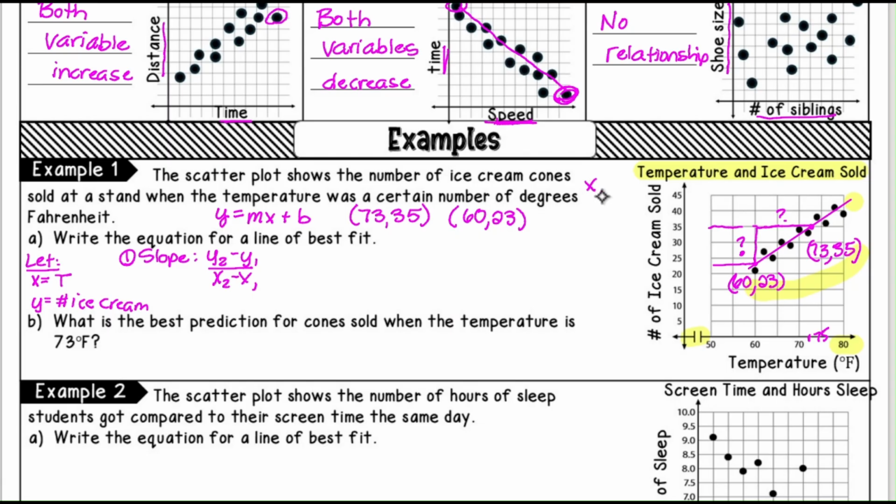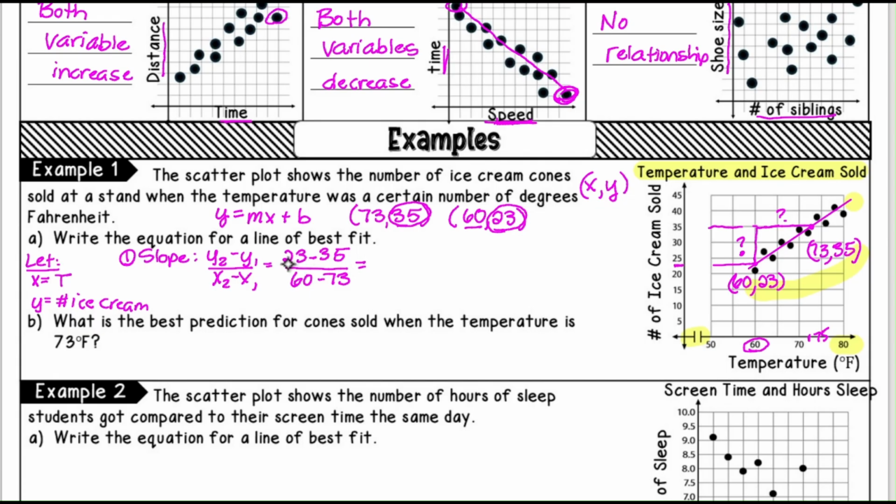Remember, we're always writing our x and y in this format, so we write our x first and our y second. So I got my x value here, and I had to interpret where I thought my y value would be. So that's where I'm getting my points. Alrighty, so my y2, we got 23. So we can say 23 minus y1, which is this 35, divided by x1, which is 60, minus 73.